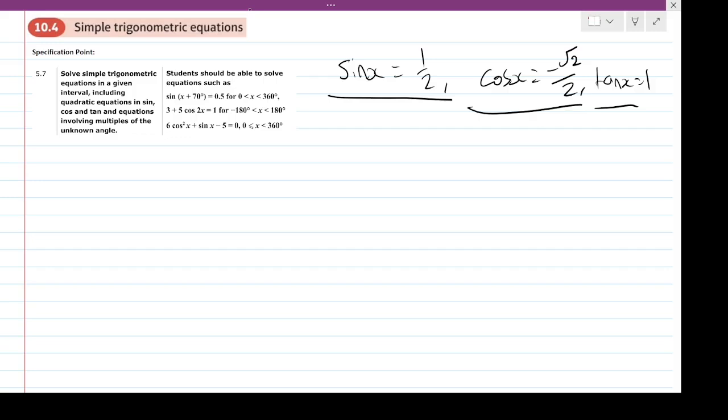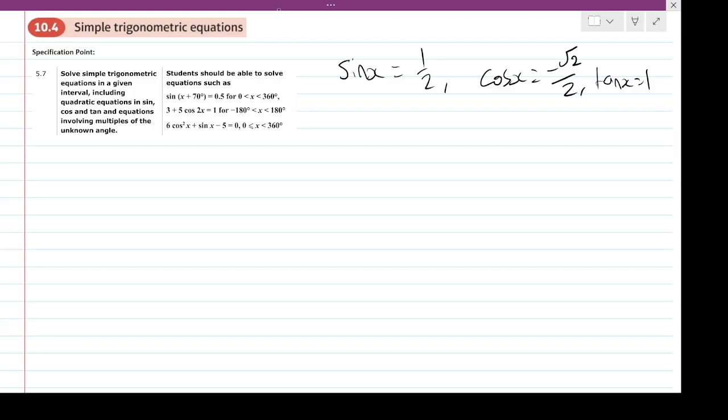Eventually we will reduce equations to one of these three sorts of equations, and that's what we're going to be looking at. This video will be a building block or a foundation of solving trig equations, which will be important for later chapters. So this will be a very, very important video.